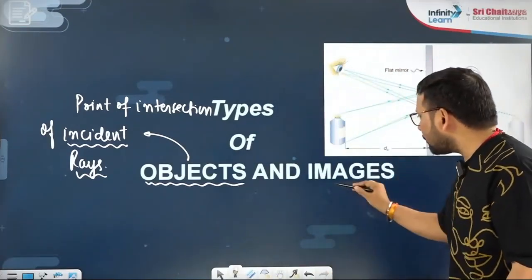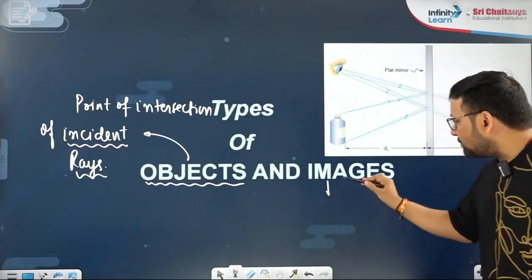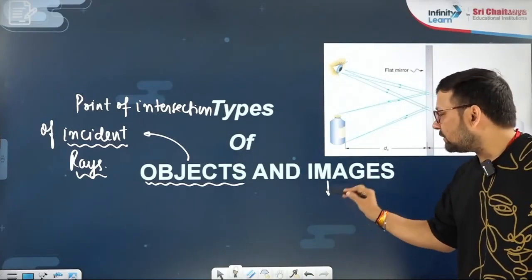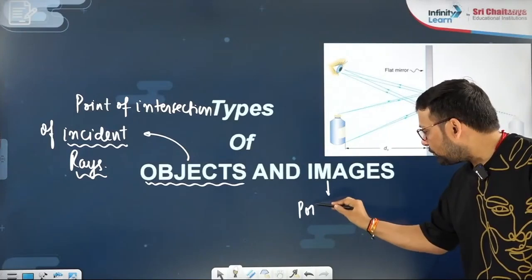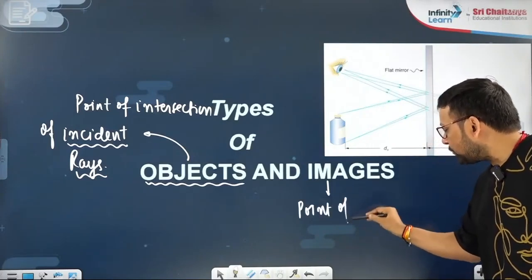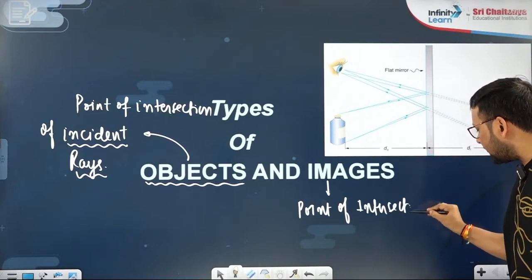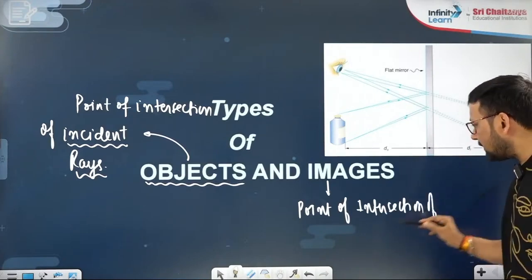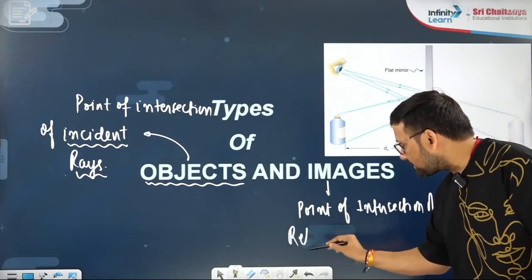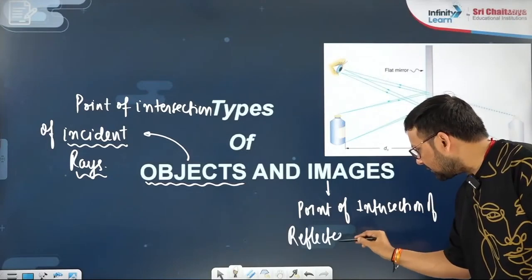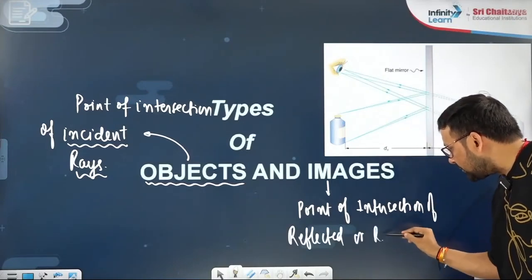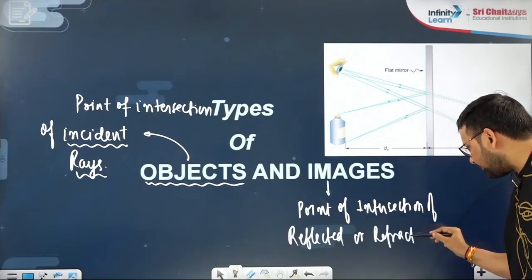Similarly, when we talk about images, an image is decided according to the point of intersection of reflected or refracted rays.